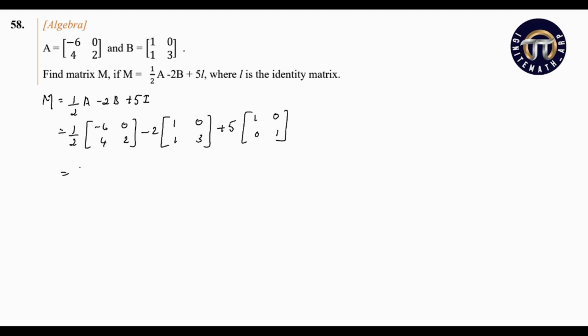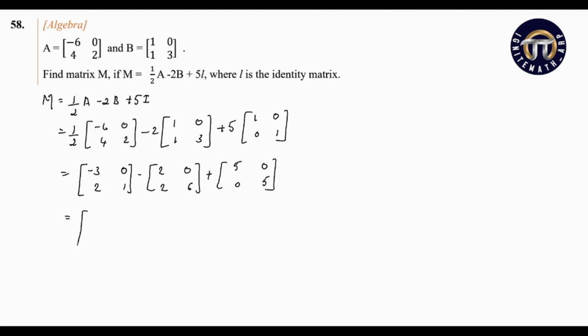So now scalar multiplication, I need to multiply each and every element of matrix A with half. So I get minus 3, 0, 2, 1, then minus, I keep as it is, multiply each and every element with 2, that is 2, 0, 2, 6, then plus 5, 0, 0, 5.